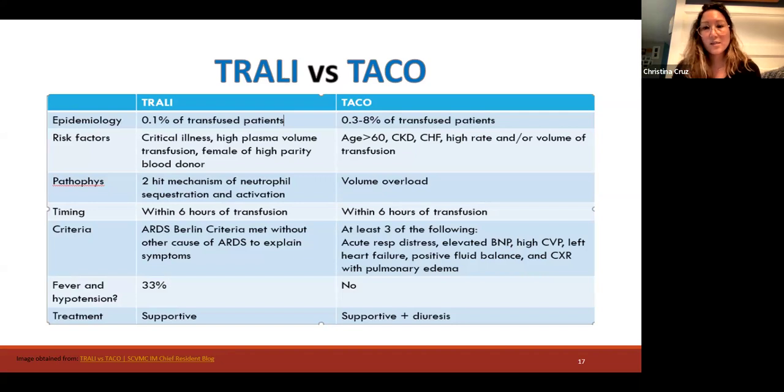Risk factors include age greater than 60, CKD, CHF, and high rate and/or volume of transfusion. The pathophysiology behind TACO is fluid overload. And as you can see down at the bottom, the treatment is going to be supportive and diuresis, which, like I said, just gives us more reason why we would want to transfuse a dialysis patient during dialysis.